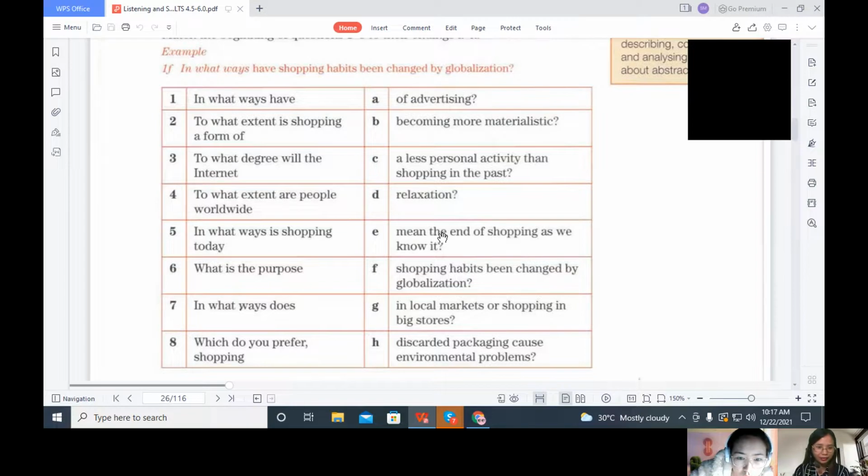Okay, proceed. In what ways does this character's packaging cause environmental problems?